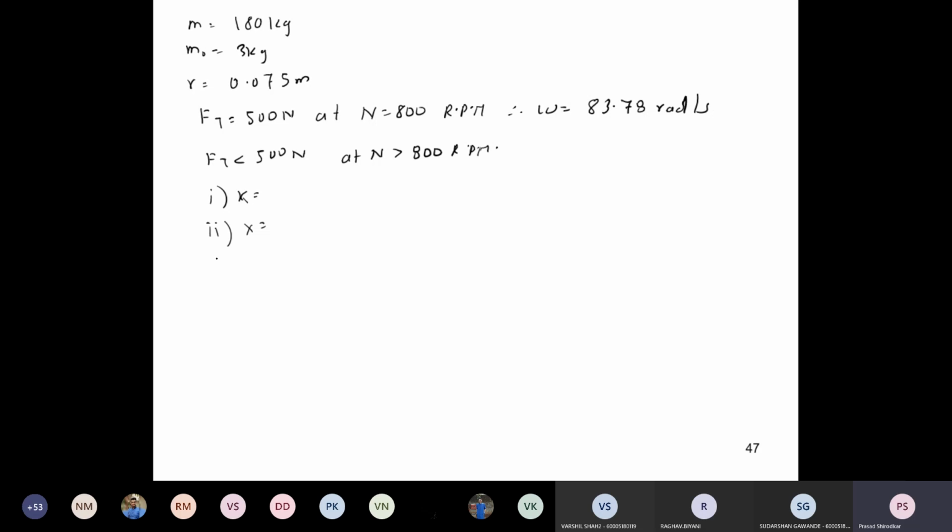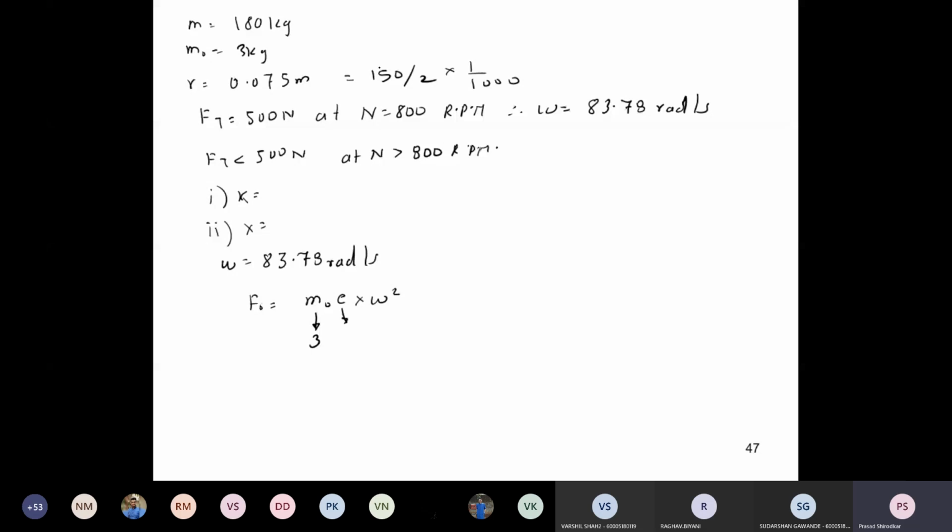All right. So omega is 83.78 radians per second. So F0 is equal to M0 E into omega square. Now M0 is 3, E is half of the stroke. Stroke is 150, so it is half of this, into 1 upon 1000, converted into meter.